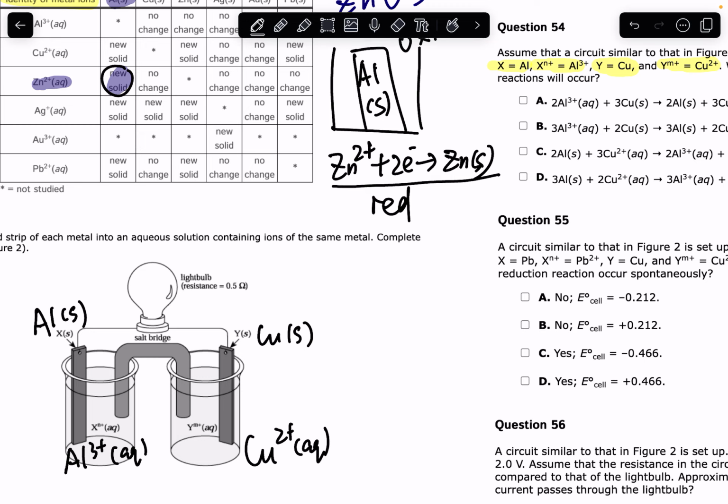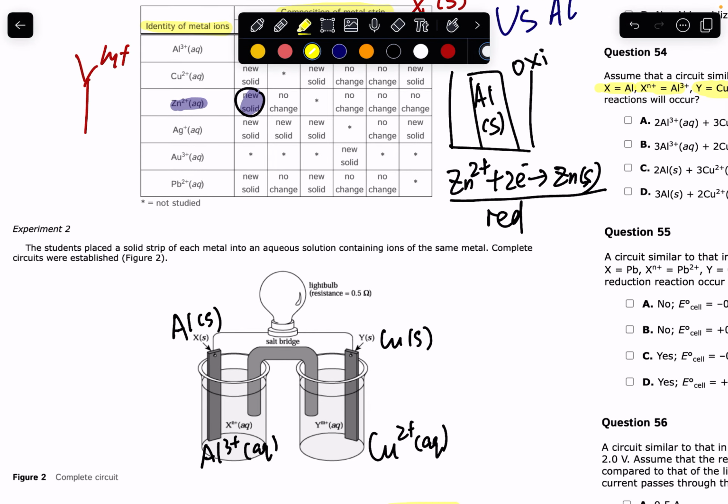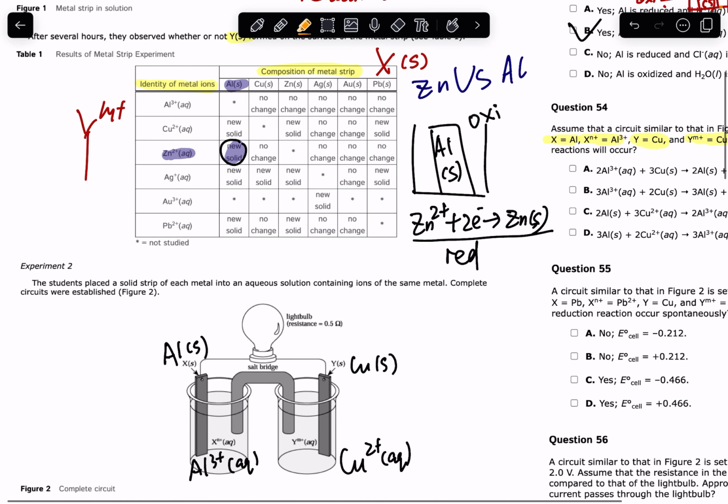Now I have to figure out the reaction that's happening, but I don't know which one is getting reduced and which one is getting oxidized. But we know that it's a circuit, so it must have a spontaneous redox reaction. So I will go back to my table and see if I can figure out which half cell is getting oxidized and which half cell is getting reduced.